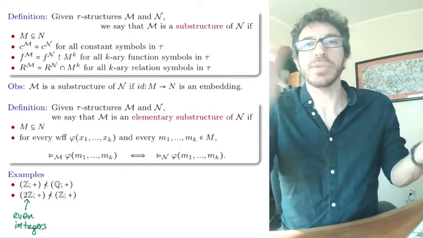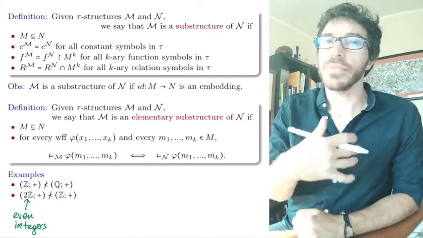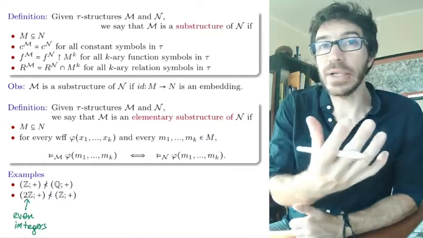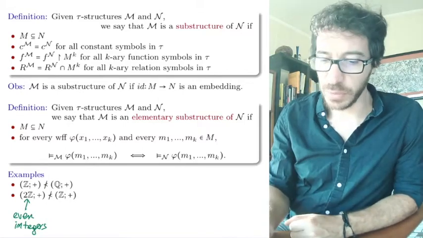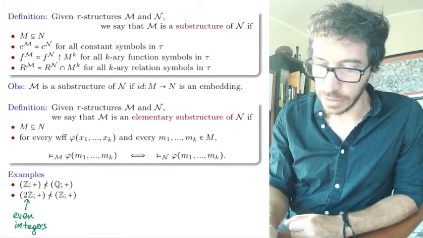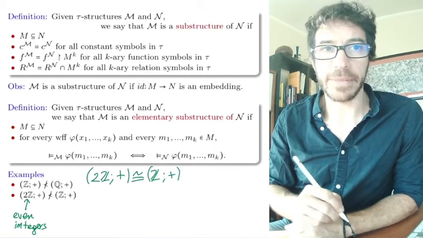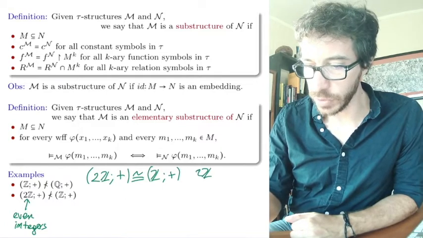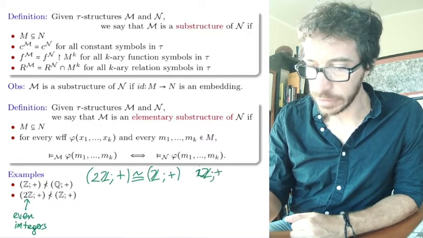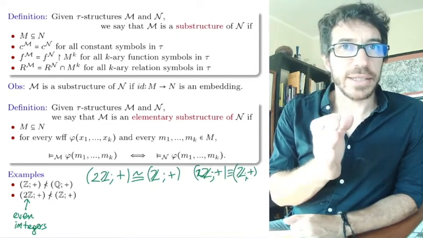Take an integer, multiply by 2, and you go from all the integers to the even integers. So it's an isomorphism, and that means they are in particular elementary equivalent. So Z with plus and 2Z with plus satisfy the same sentences.